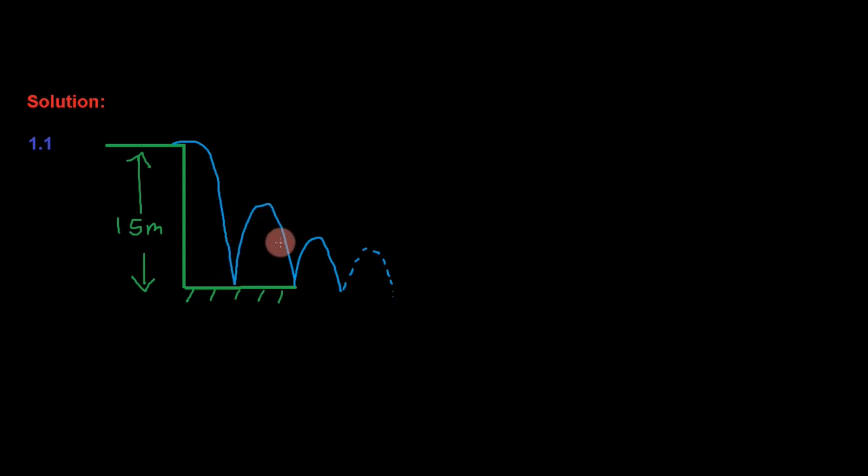So on the first rebound, it will attain a height of 80% of 15 meters. Then on the second rebound, it will attain a height of 80% of the previous height that it reached. And we can construct a GP of its rebounds.